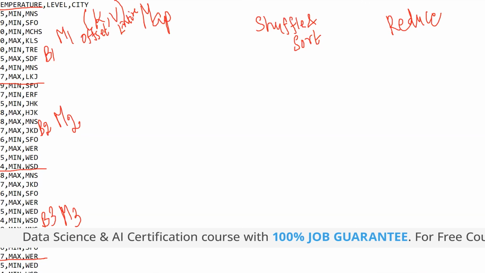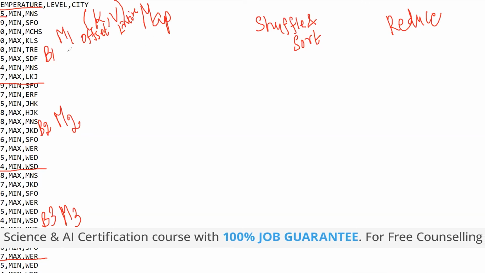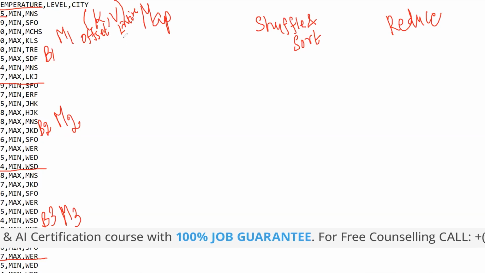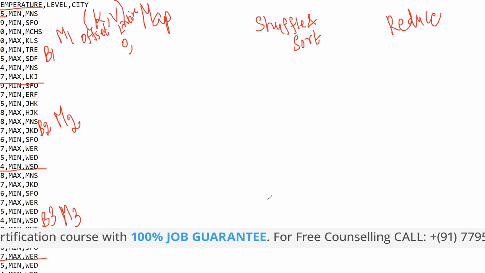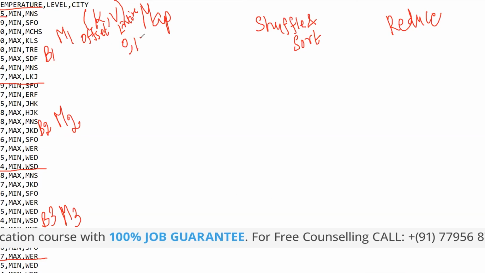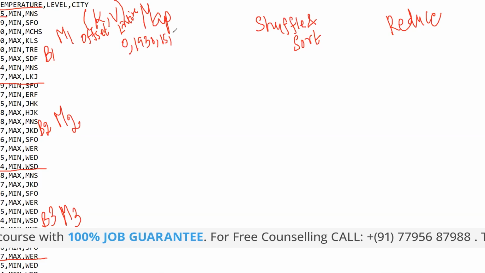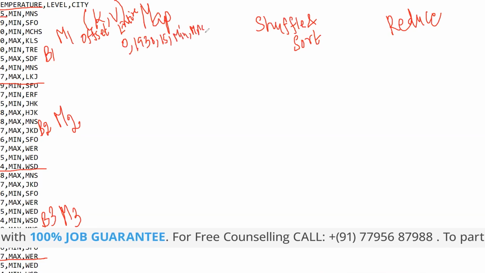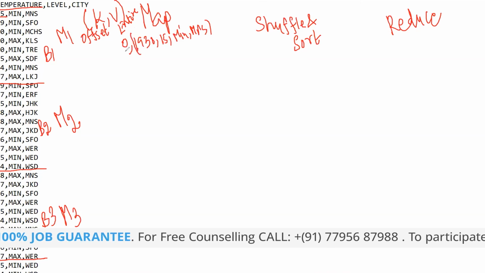For example, I'll take this first line, because it is in the first block, and mapper M1, which is basically the program, is applied on this. So it takes 0 and this whole line, for example, 1930, 15, when, MNS. This is your value and 0 is your offset, which is your key.